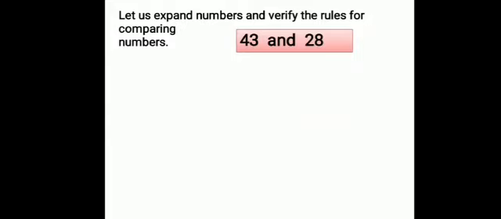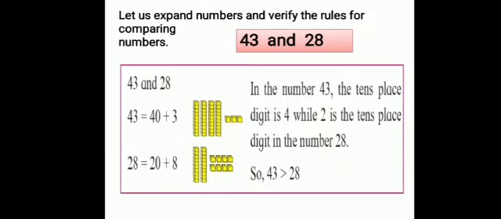Let us expand numbers and verify the rules for comparing numbers 43 and 28. In the number 43, the tens place digit is 4, while 2 is the tens place digit in the number 28. So here 43 is greater than 28.